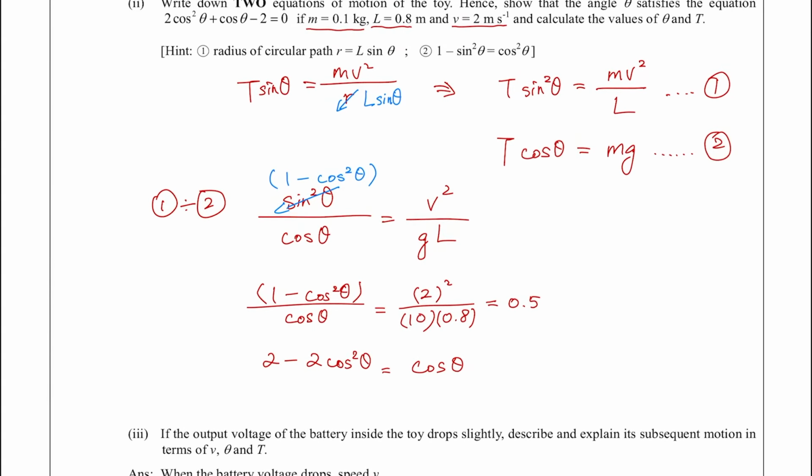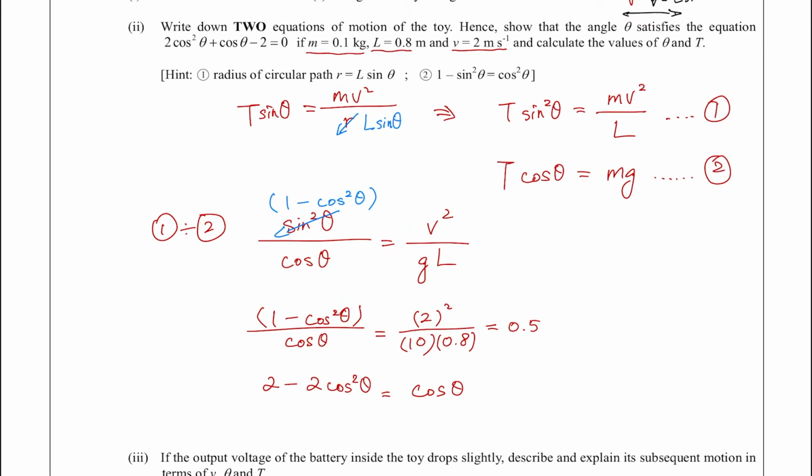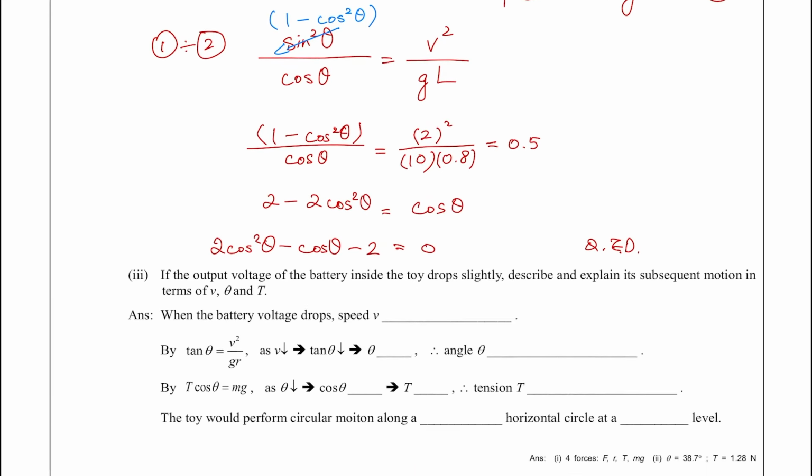So we have 2 minus 2 cosine squared theta. Finally, we shift the sides. So 2 cosine squared theta minus cosine theta minus 2 equals 0. So the equation is proved.